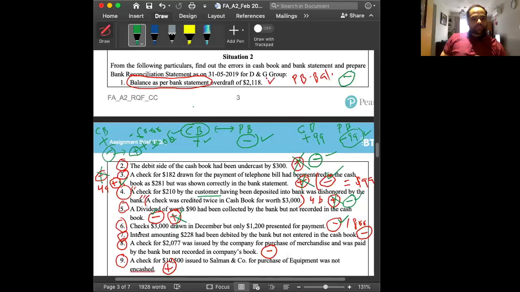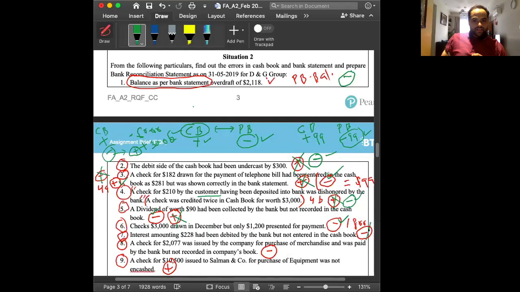Number 7, interest amounting to $228 had been debited by the bank, meaning bank minus, but not entered in the cash book. Some of you said minus.